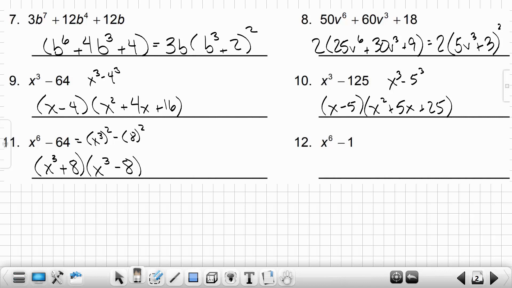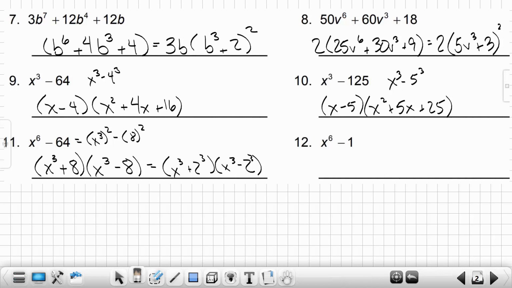Because 8 is a cube. 8 is a cubed. But this one, x cubed minus 8, is a difference of 2 cubes. So this is technically x cubed plus 2 cubed times x cubed minus 2 cubed, which now can be factored.